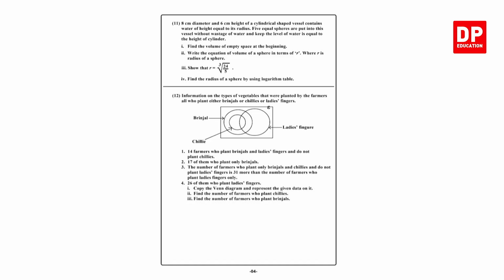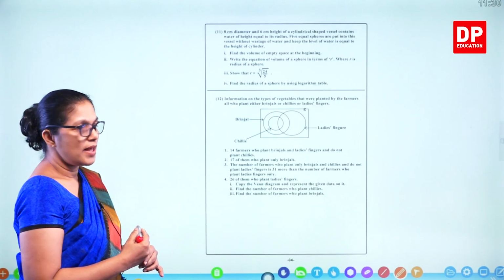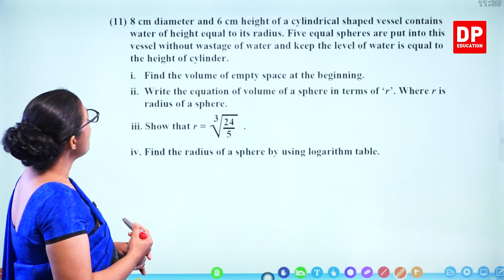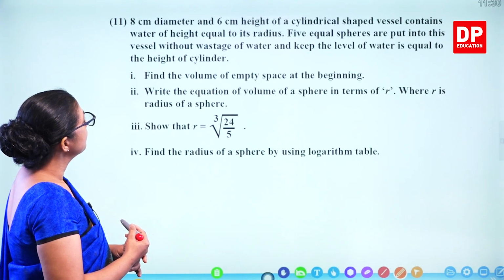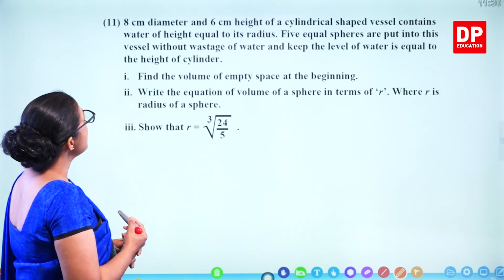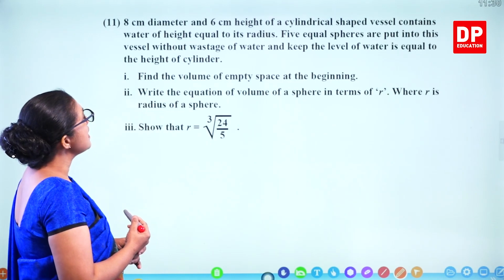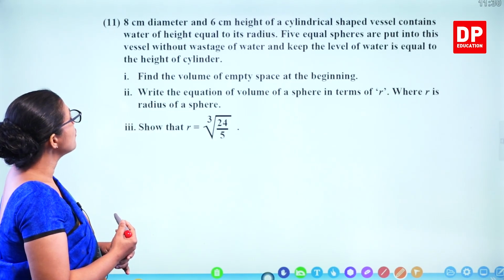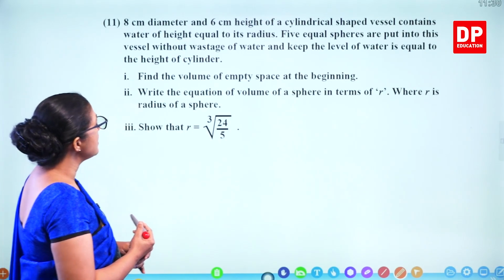Now you can try last 2 questions, question number 11 and 12. Question number 11, you get 4 parts. So we'll do the first part. 8 centimeter diameter and 6 centimeter height of a cylindrical shaped vessel contains water of height equal to its radius.